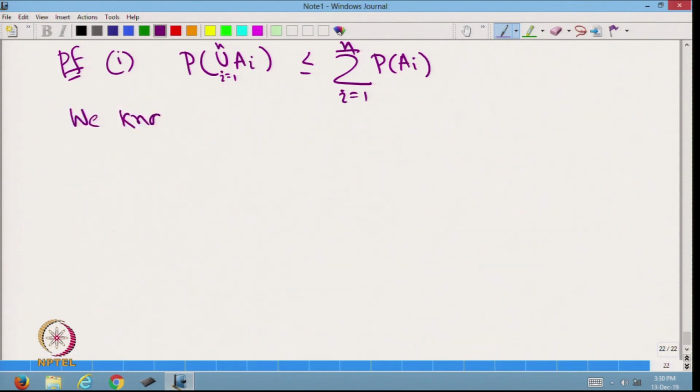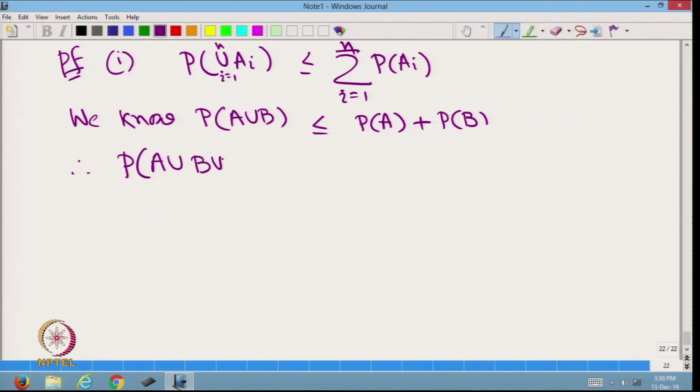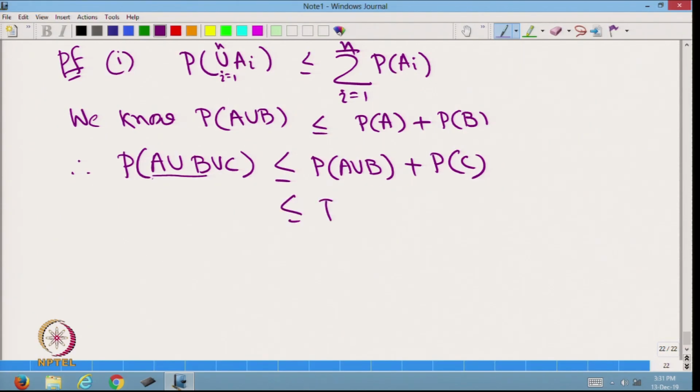We know probability of A union B is less than or equal to probability of A plus probability of B. Therefore, probability of A union B union C is less than or equal to probability of A plus probability of A union B plus probability of C. That is, we are writing this event as union of two events, A union B and C. Since there are two events, we can apply this formula and thereby we get this, and then we extend it one step further.